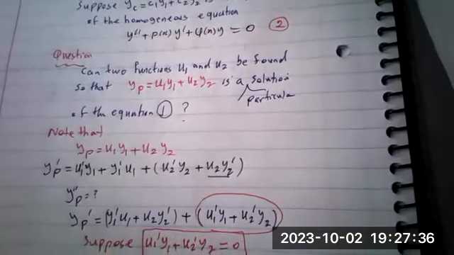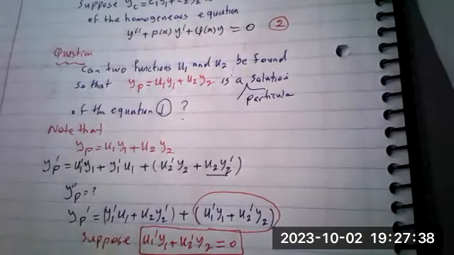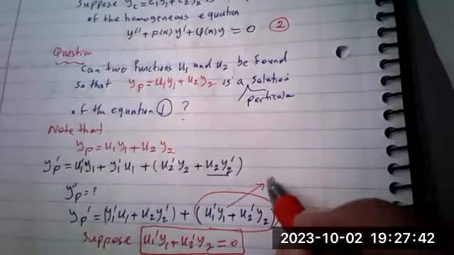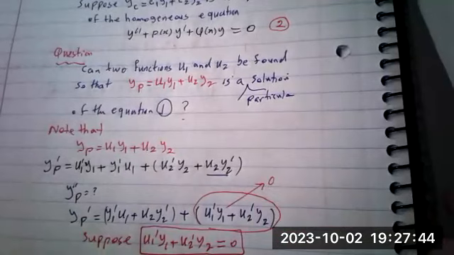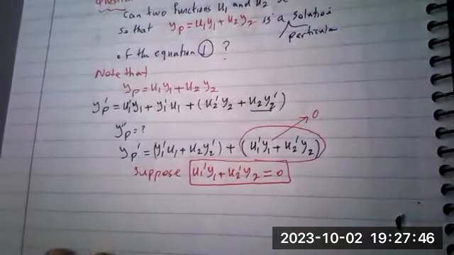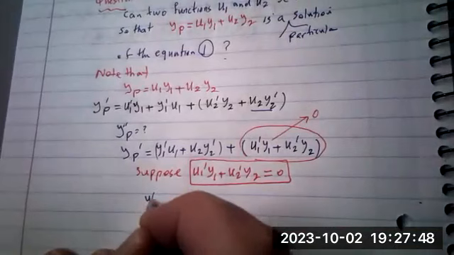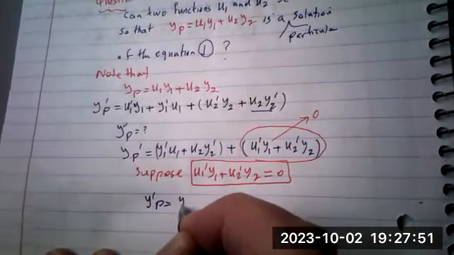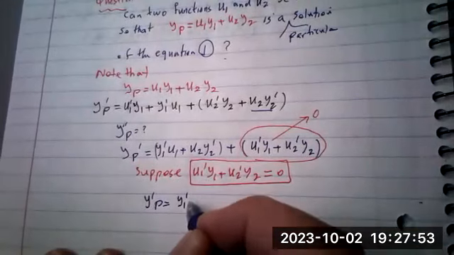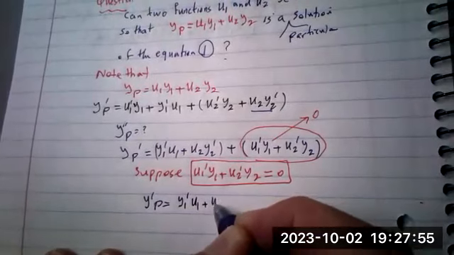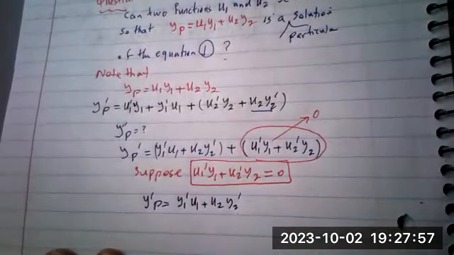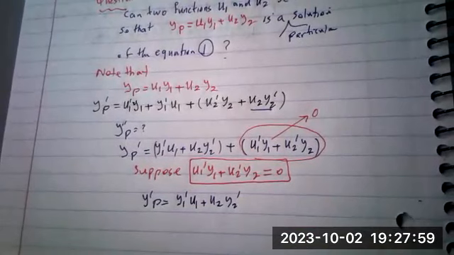We continue the solution of the problem with this additional condition. That will help us, because this would be 0, and then YP prime would be something we're able to handle: Y1 prime U1 plus U2 Y2 prime. Now this is easy to differentiate. We avoid the U double prime.